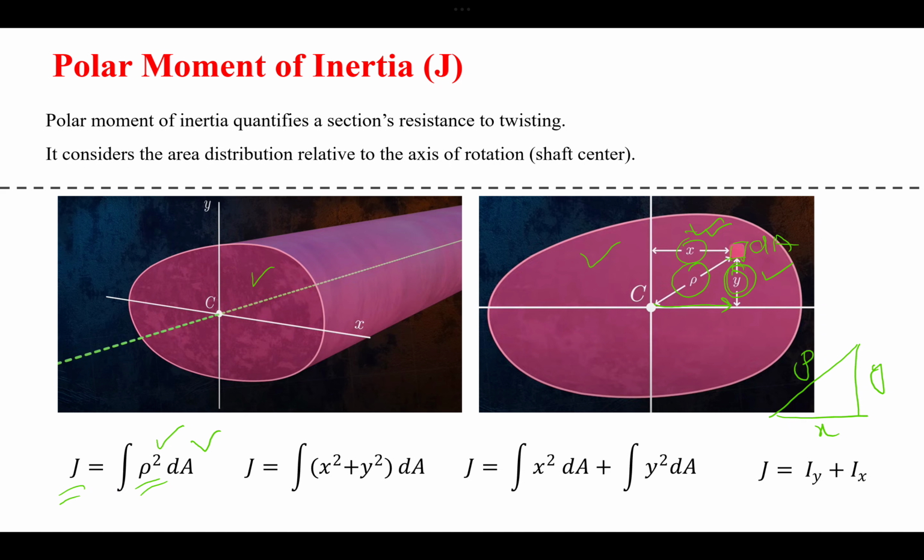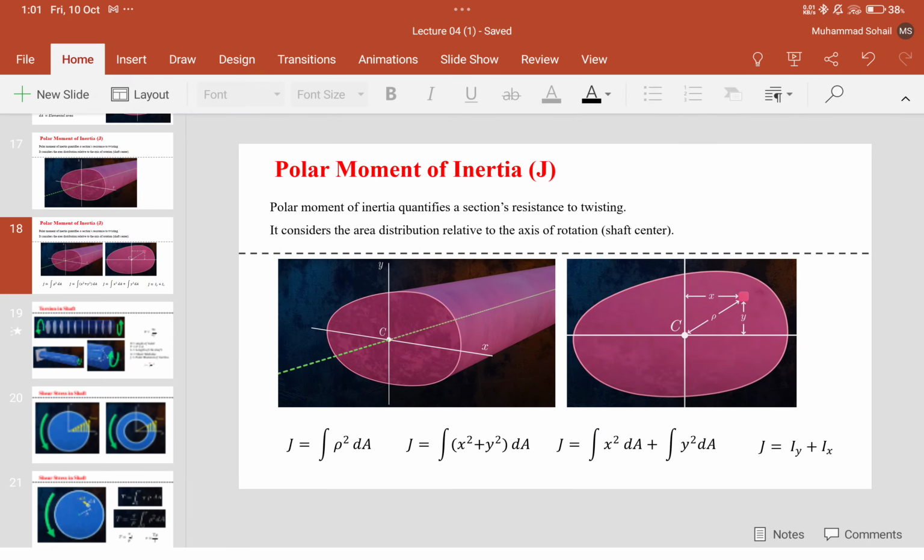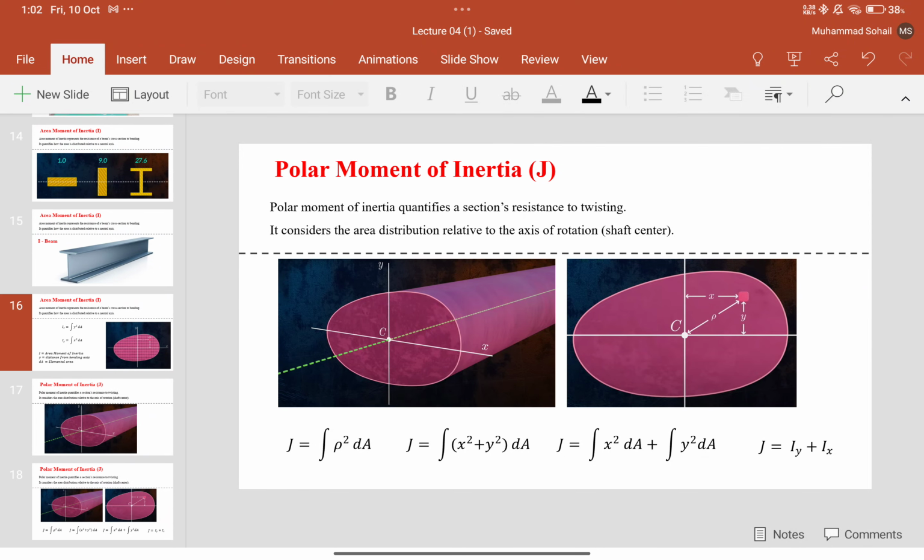Using the Pythagoras theorem, rho squared is equal to x squared plus y squared. Using that you can split this rho squared into x squared plus y squared, and then using the integral principle you can separate the x squared and y squared, giving you the same formulas that we discussed right here.